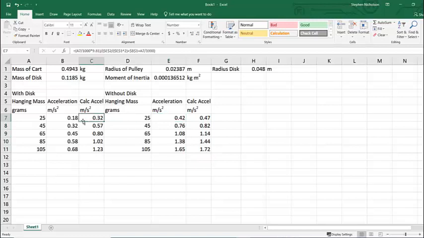Well, here's my hypothesis. The hypothesis is that I'm getting slippage of the thread, and so the thread is actually not moving as quickly as the actual calculated value.